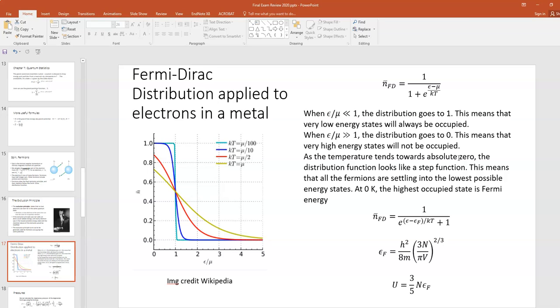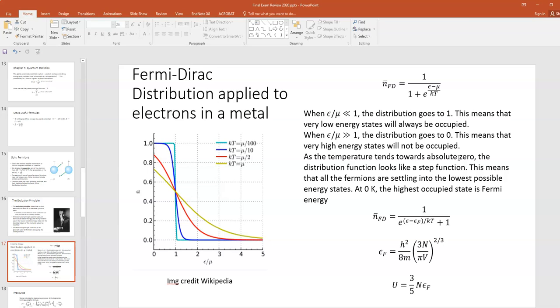Here is the Fermi-Dirac distribution function, N_FD. It's equal to 1 over e to the epsilon minus mu over kT, plus 1. Now, if epsilon is much less than mu, then that distribution goes to 1.